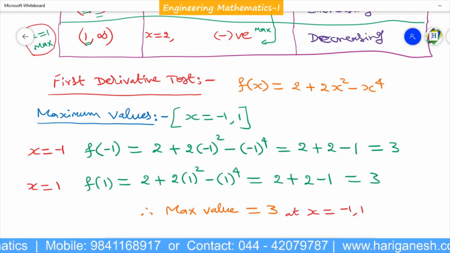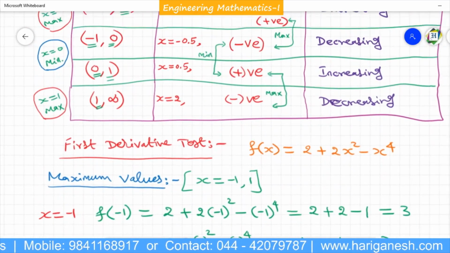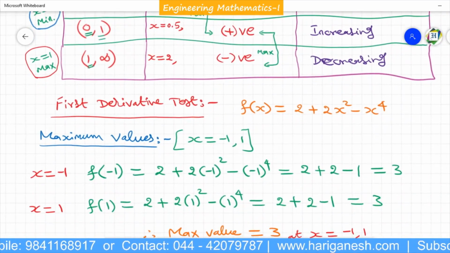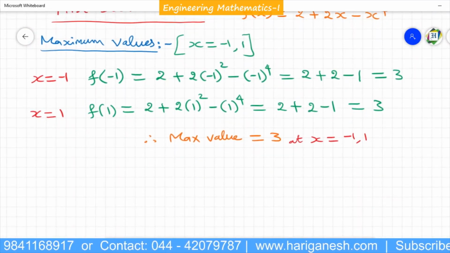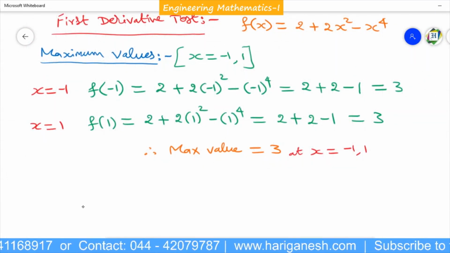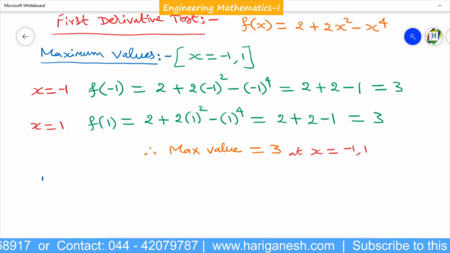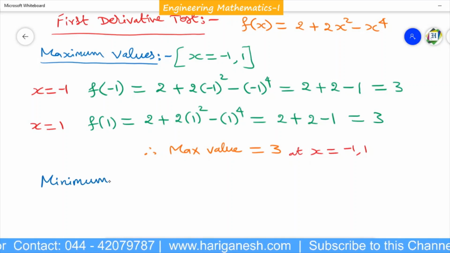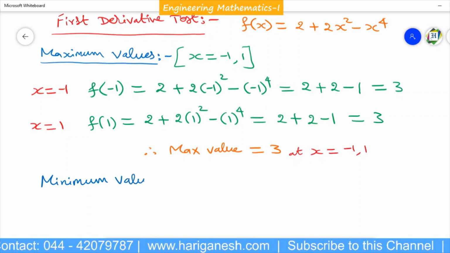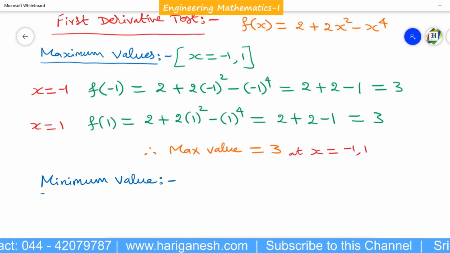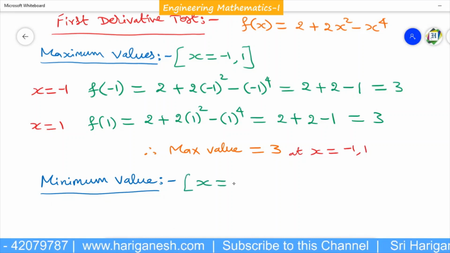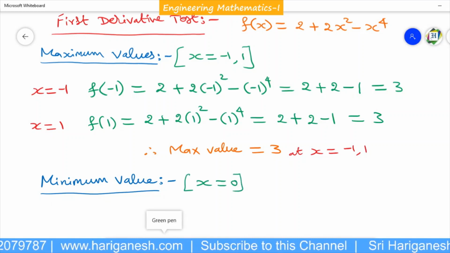Next I am going to find out the minimum value, but the minimum value is attained at x equal to 0. So I am going to put x equal to 0 here. Okay, so to find the minimum value, I want to put x equal to 0 in f of x.